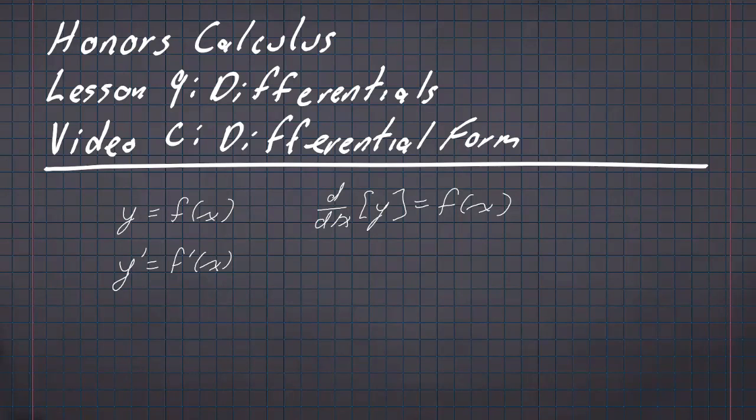Now, d over dx is not a fraction, but it kind of looks like a fraction. So the whole idea of differential form is, what if we decide to completely throw away all the rules of math and just pretend that this thing is a fraction anyway?